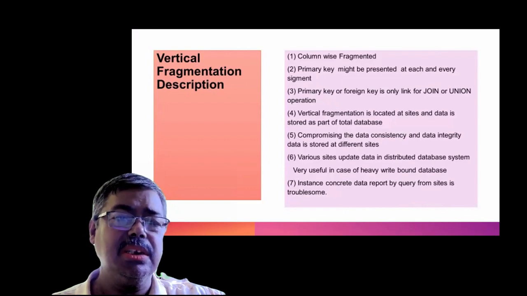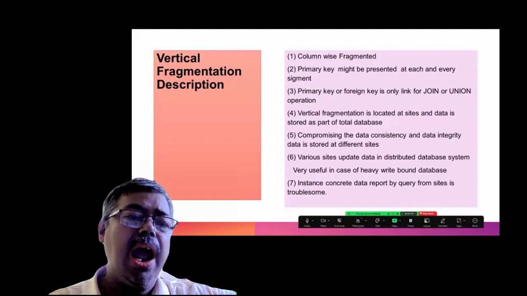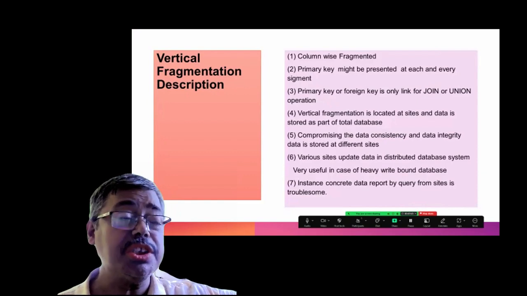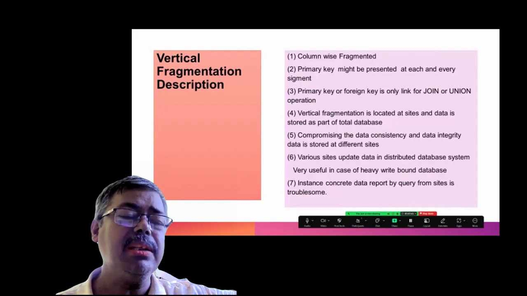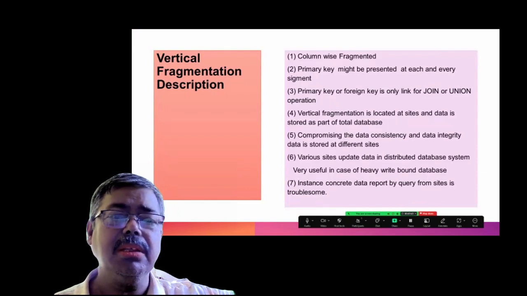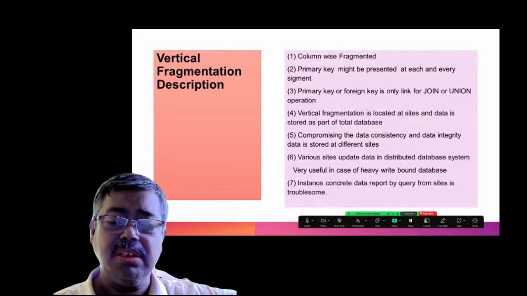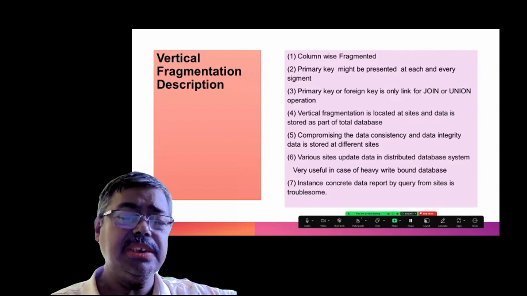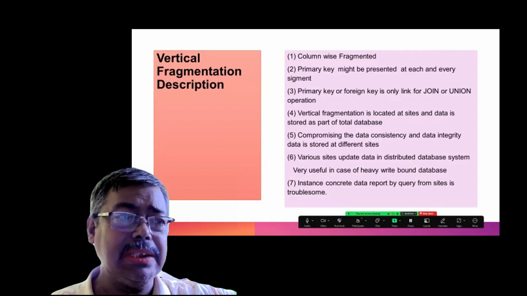Vertical fragments are located at sites and stored as the total database. It compromises consistency. Why does this compromise come? Always remember that this is a heavy write-down database.